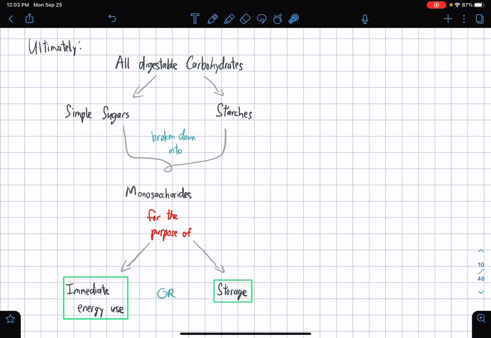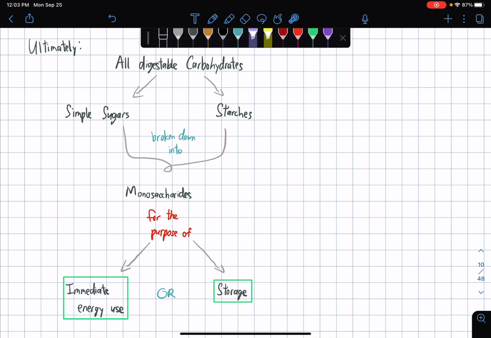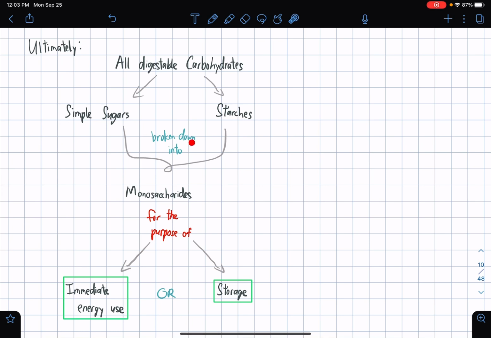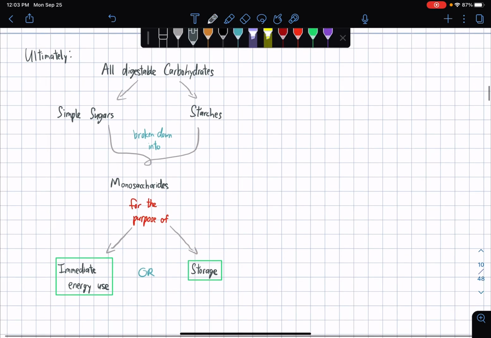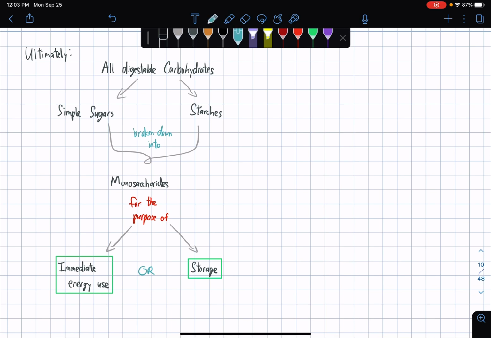So ultimately, all digestible carbohydrates, either simple sugars or starches, are broken down into monosaccharides for the purpose of immediate energy use or storage. So this is one thing that you have to know about carbohydrates. Immediate energy use: the sugar is used for instant energy.